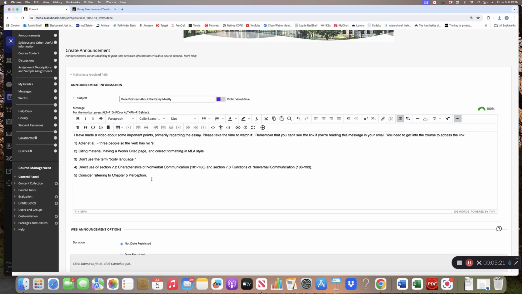If you somehow have an online version that does not have page numbers, at least know that it is section 7.2. There are also 6 functions of nonverbal communication, and you want to make sure that you cover probably 2 of them that apply to what you saw in your observation or your experiment.